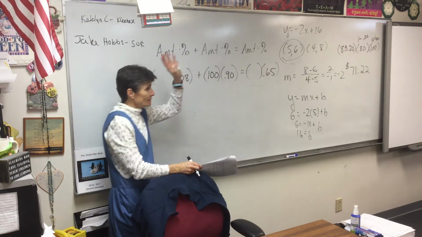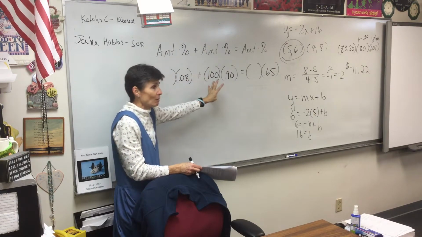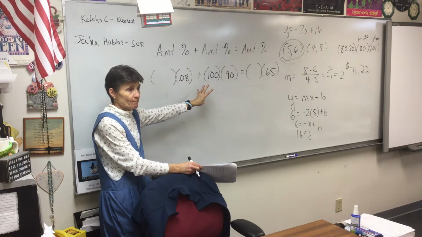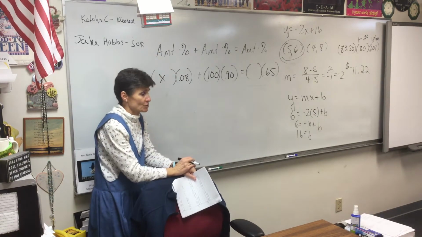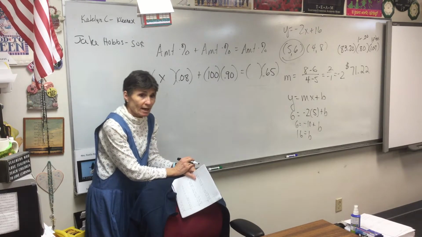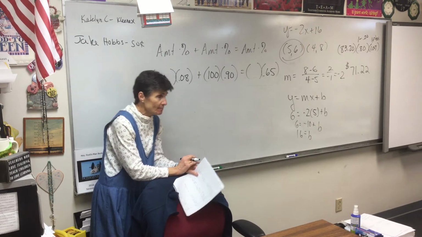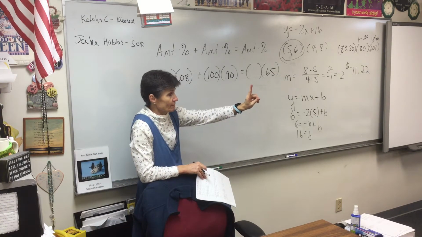Now stop, listen. Every number from the problem is now there, right? This is x. If you do this in an organized fashion, like I just did, you are going to have one empty spot in your equation.